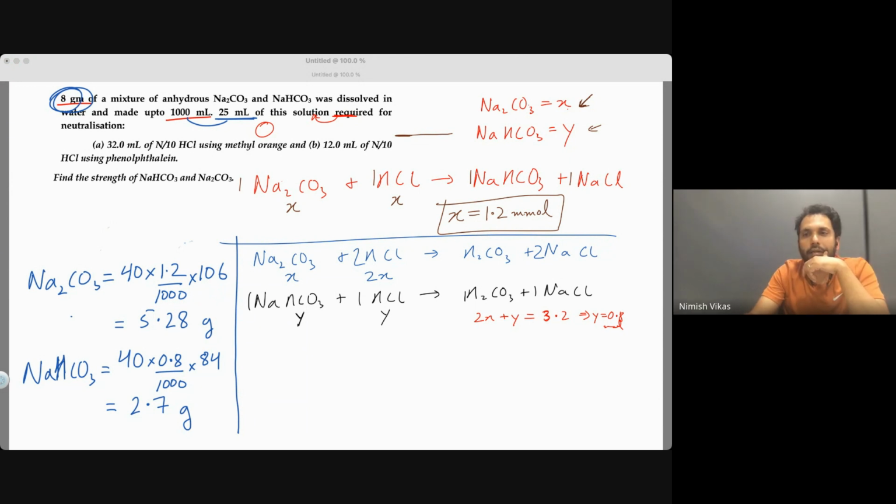Okay, then they have written wrong, because it is our people who have typed. It's the same thing. They are writing 1.2 into 106. They are doing the same calculations, into 4.